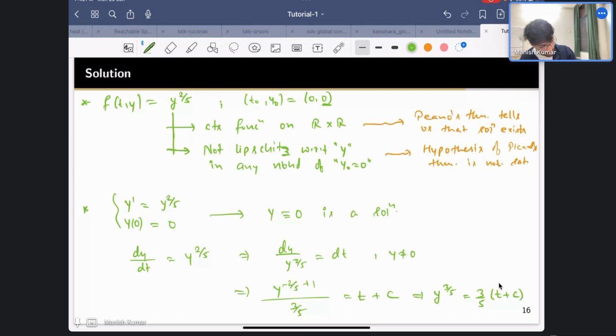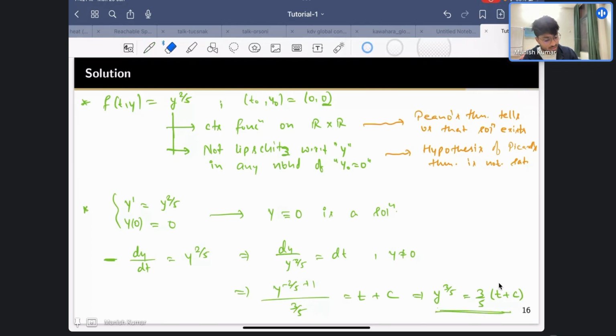Now if I use the initial condition, y(0) is 0. See, this is just a method to solve the problem. I am saying that if I have the expression of y in this way, then this will solve the differential equation.